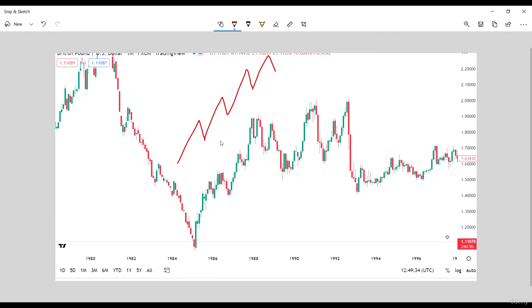So traders have discovered that when the market creates an impulsive move and then retraces, it tends to retrace to a Fibonacci level. For example, if we measure this distance as 100, when the market trends upward and it retraces, it tends to retrace to, let's say, 61% of this or 50% of this.